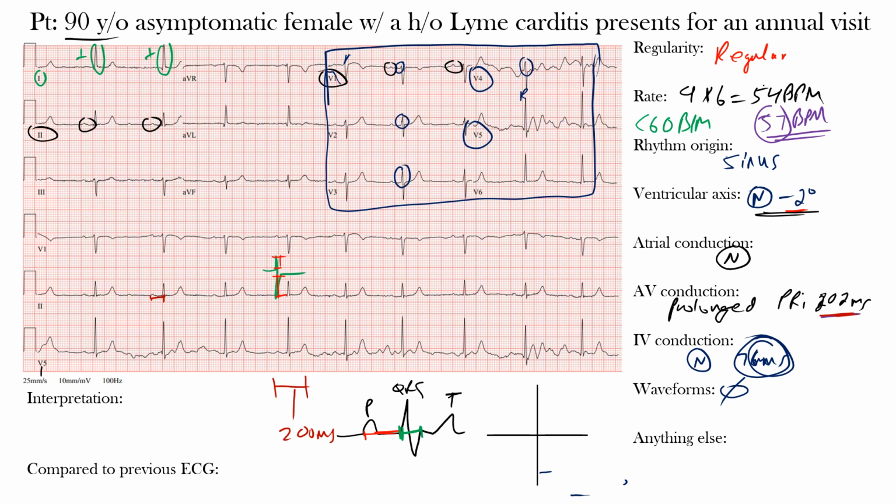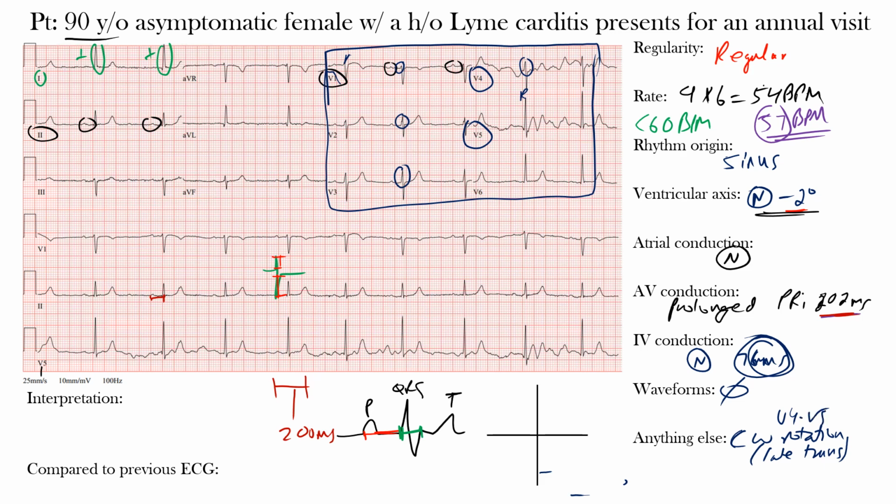And if it occurs after lead V4, we call it a clockwise rotation or a late transition. Therefore, because the transition occurs between V4 and V5, we call this a clockwise rotation or a late transition, okay? And it's occurring between V4 and V5.